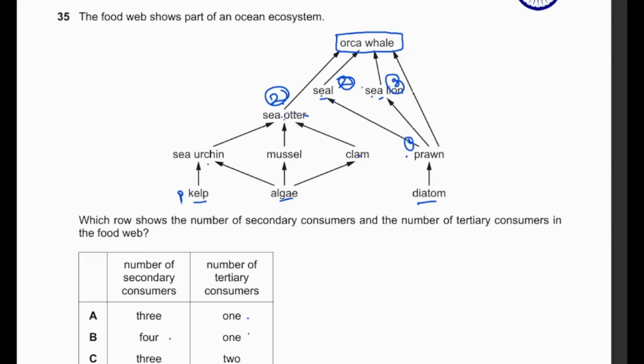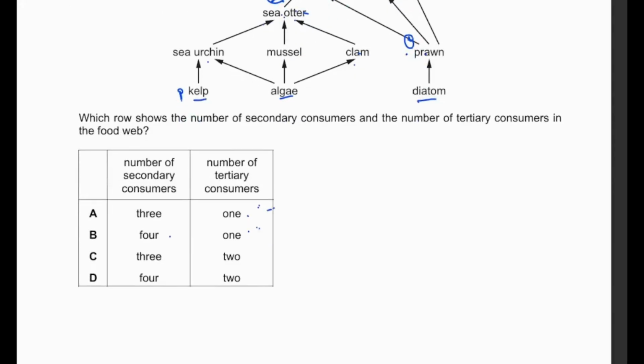Yes, this is a direct consumer here, primary. This is on the primary section. Okay, 1 and 1. I have a confusion with this one, but my gut feeling says your secondary consumer is this. So I'll go with this one.